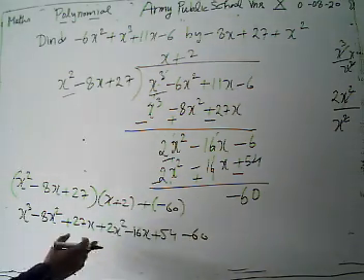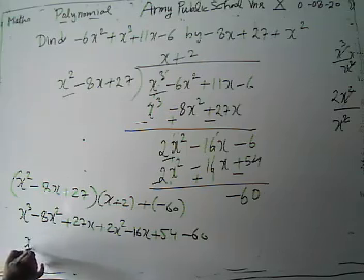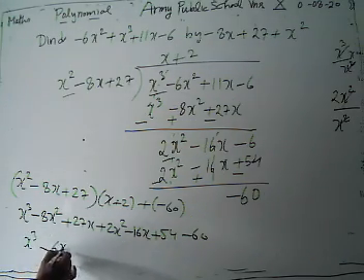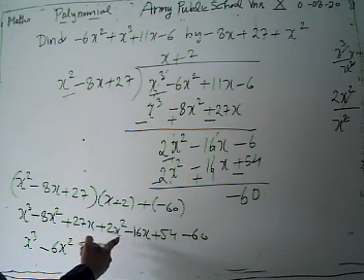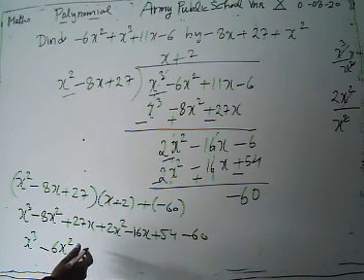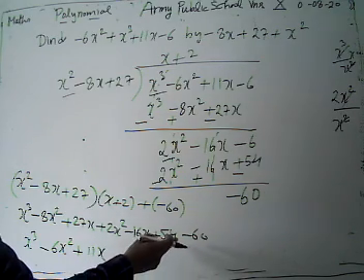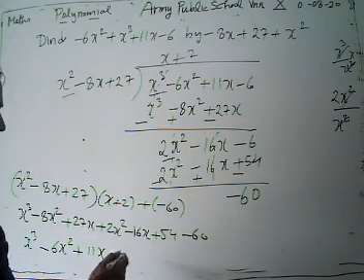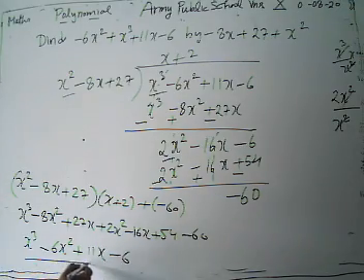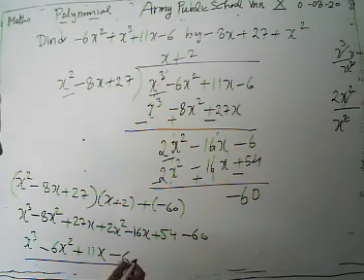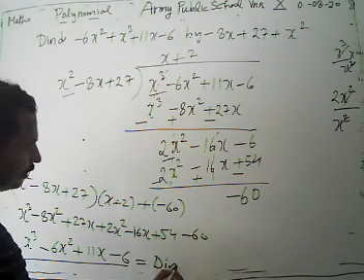Now we have x cube, minus 8 plus 2 gives minus 6x square, 27 minus 16 gives 11x, and 54 minus 60 gives minus 6. What is this? This is equal to our dividend.